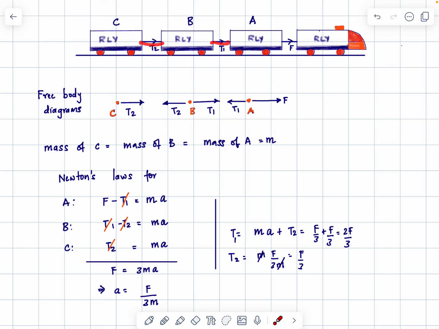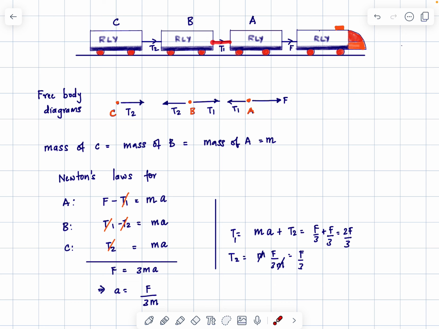So at the very beginning, these chains are not taut. When the engine starts up and moves forward, it just has to pull the first car to begin with.